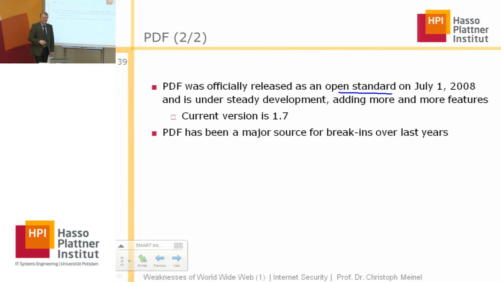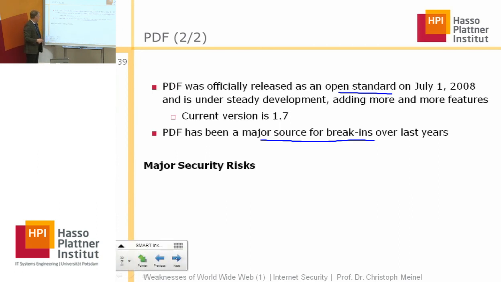It has been found over the last years that PDF has been a major source for break-ins. It's very attractive for attackers to find methods to misuse such a globally distributed standard for bad goals, for example, to break in.